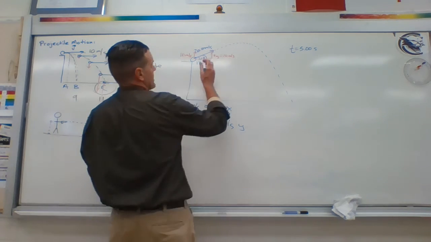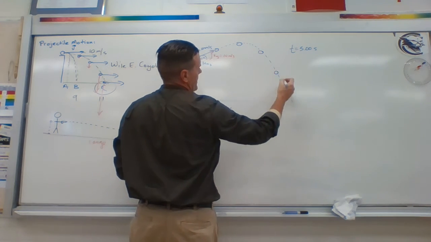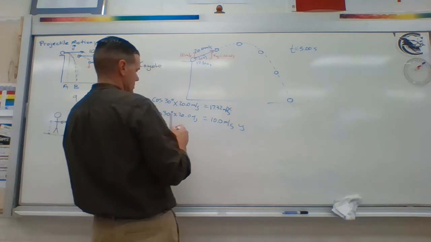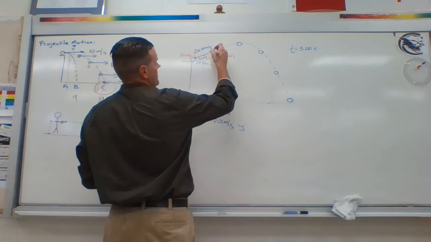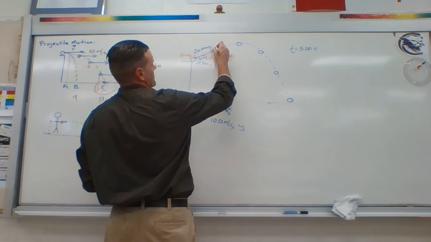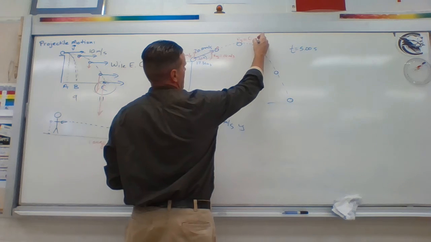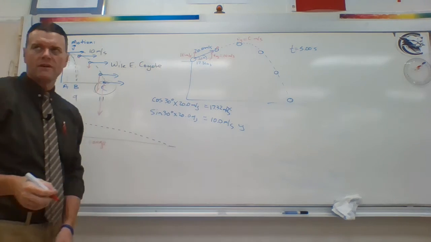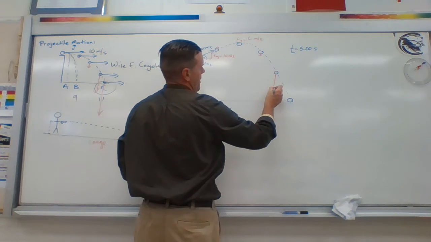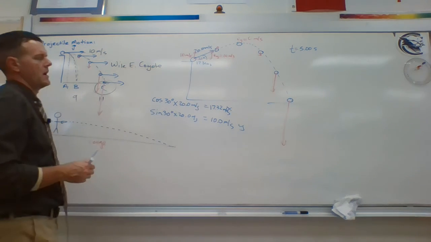So if we were to sketch this projectile at different positions on its trajectory, as soon as it leaves the cliff, its vertical velocity will start to decrease. In fact, when it gets to its highest point, the maximum height, the vertical velocity will drop down to 0. But then it'll start to increase coming back down, and it's going to look something like that, okay? Well, if you want to sketch that, you can.